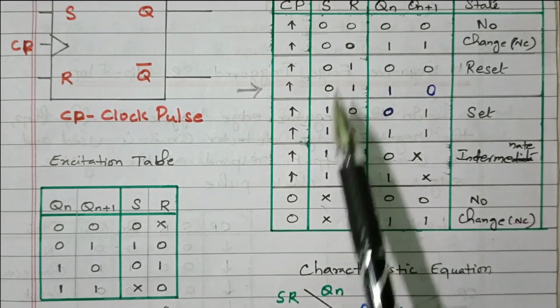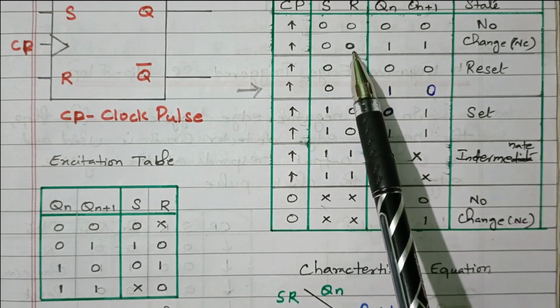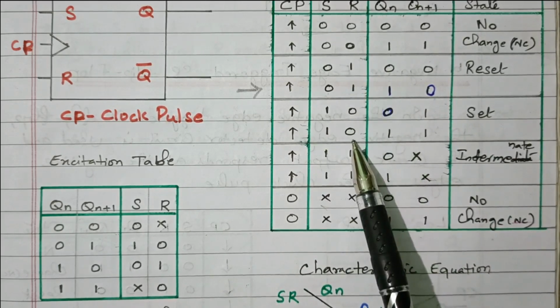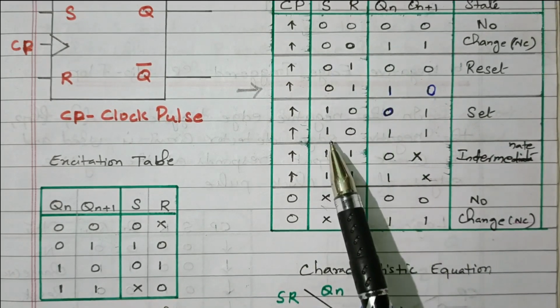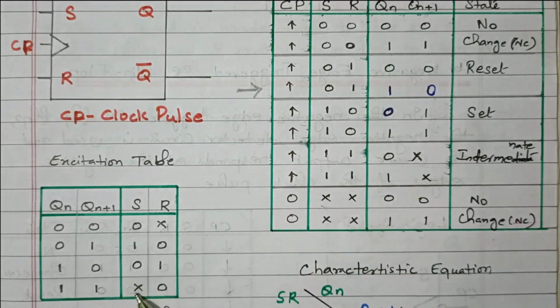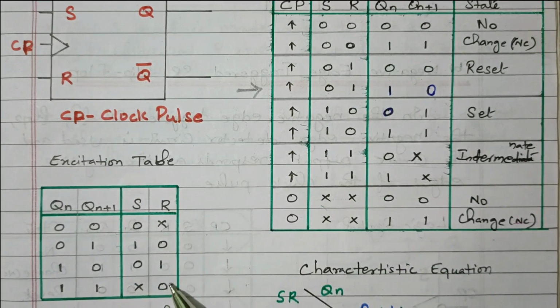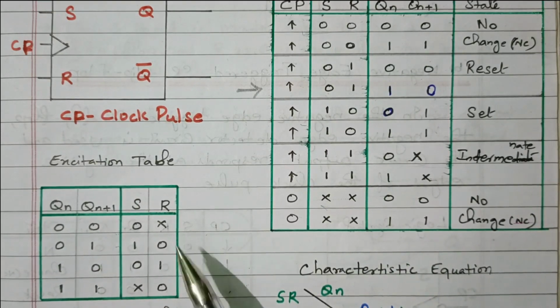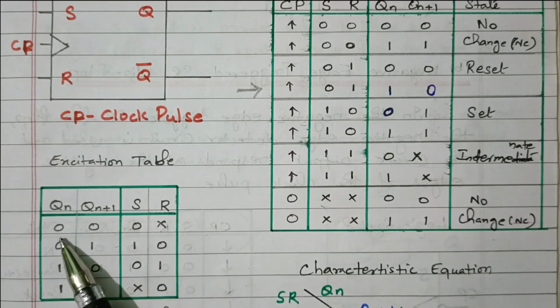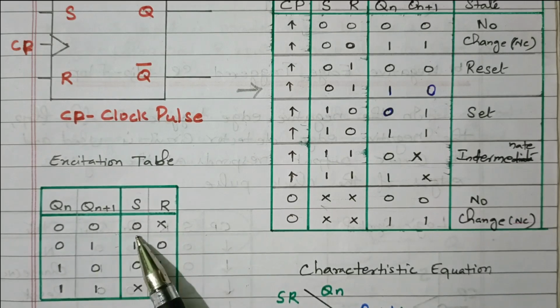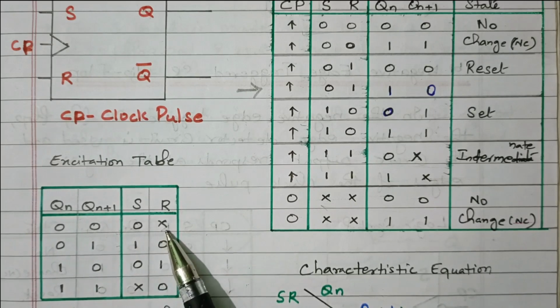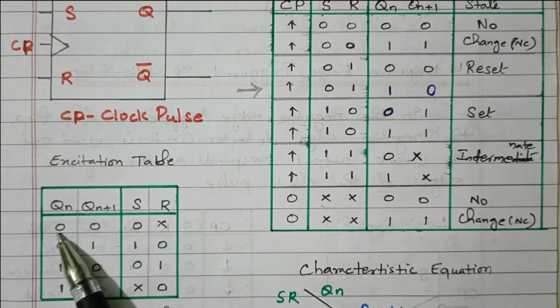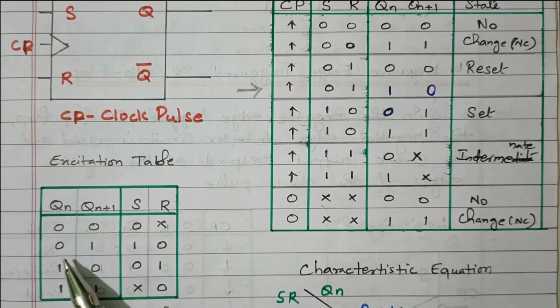R is 0 here, here also 0. But S is 0 here, 1 there. So S may be any value X and R is 0. So this is the excitation table. From the output we are checking what is the input. So 0, 0 means if we give S equal to 0 or any value, present state and next state will be 0. 0 to 1.